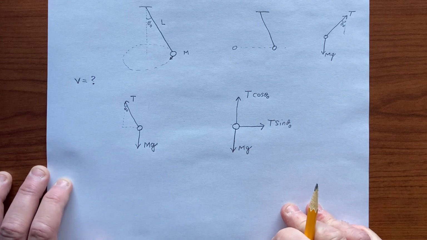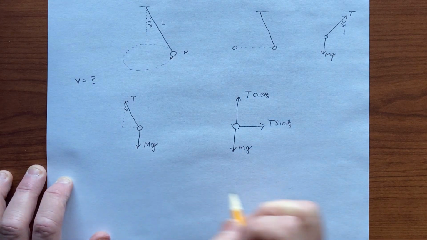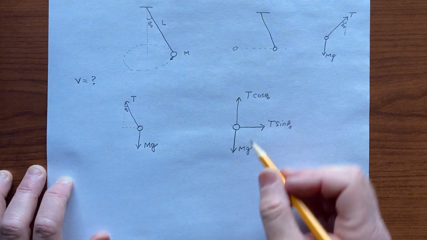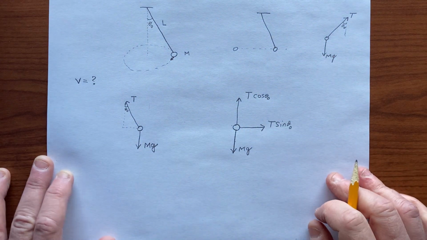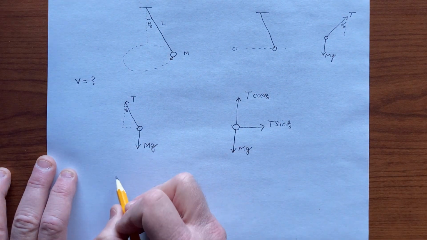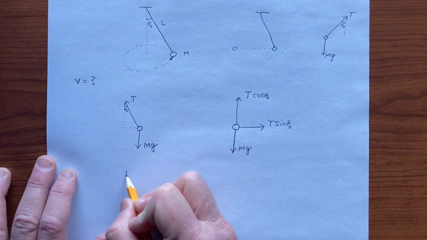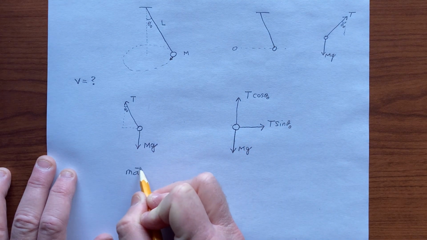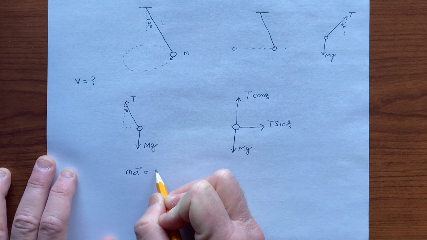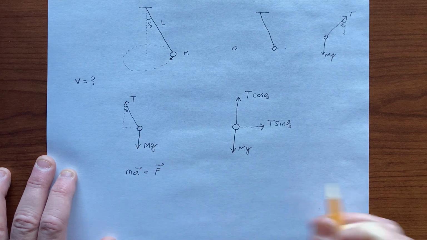So, ma equals the sum of the forces, for the vertical and the horizontal. What does that look like? Well, in the vertical, we want to write ma equals the sum of the forces, or the total F, on the right-hand side.